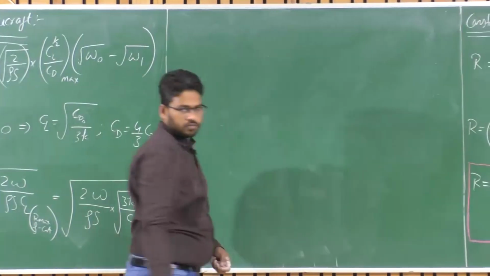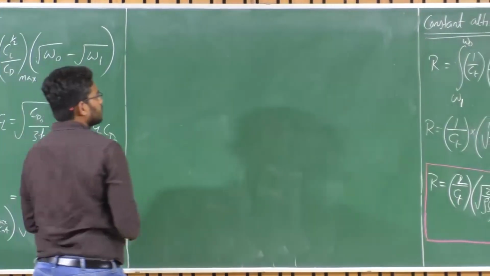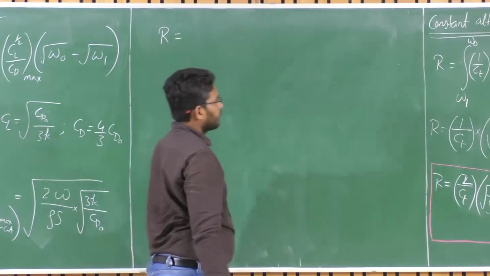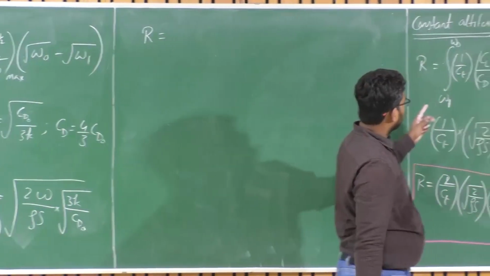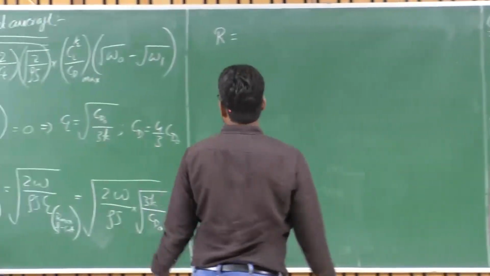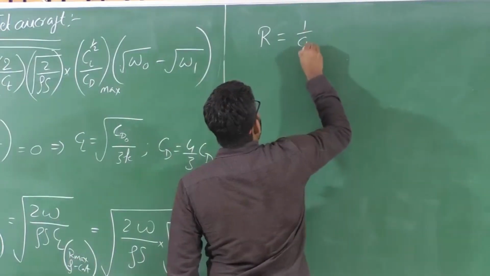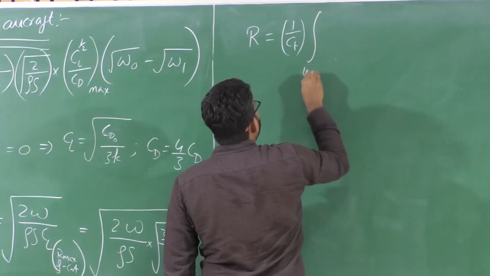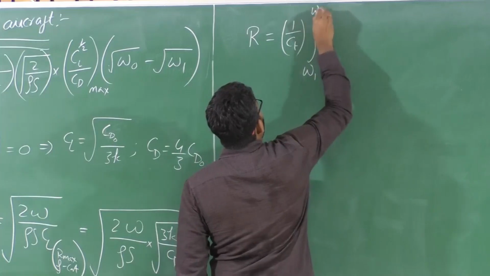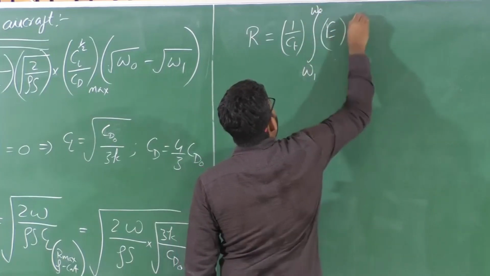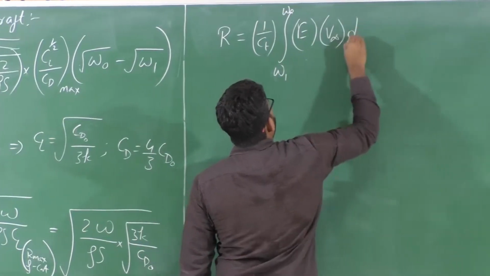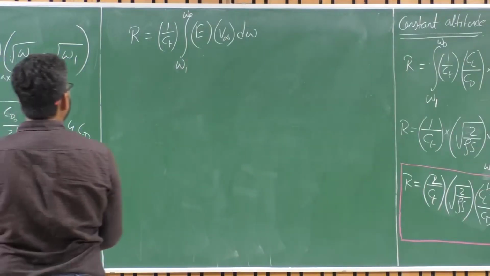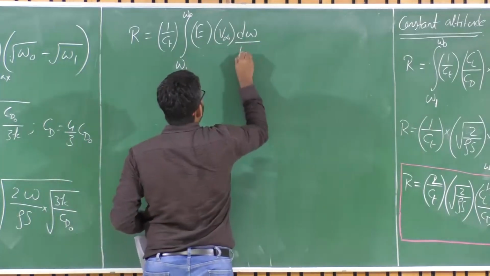So what we can say is the range is equal to, in this particular integration, R equals 1 upon Ct times the integral from W1 to W naught of E times V infinity times dW upon W, sorry, dW upon W.